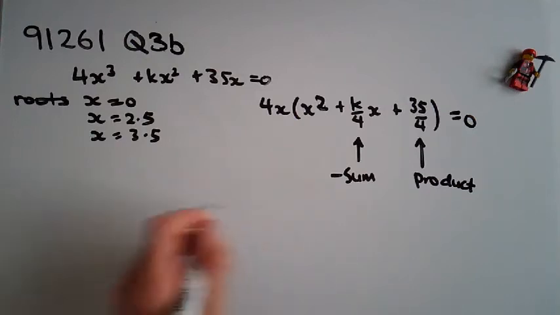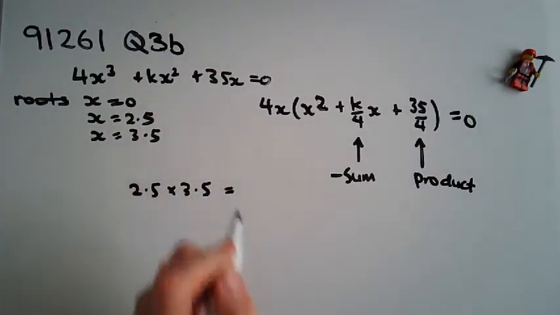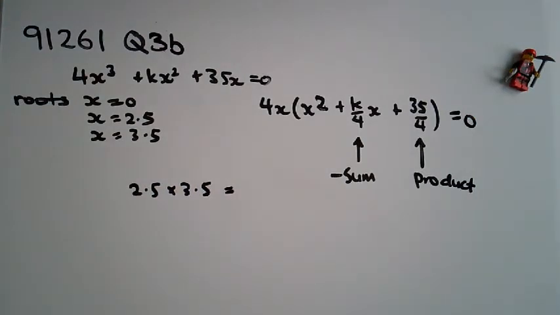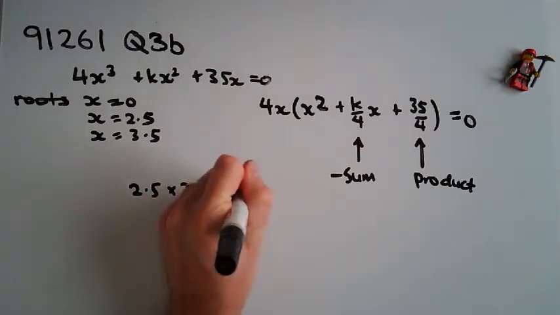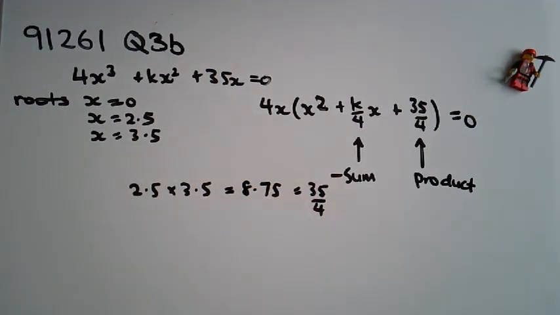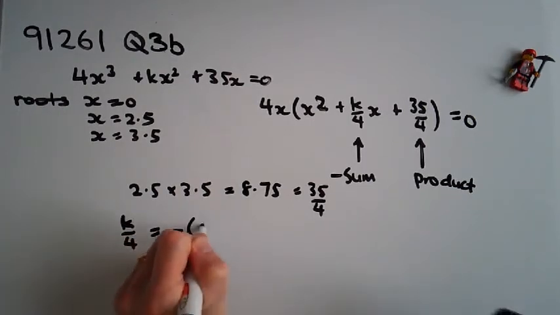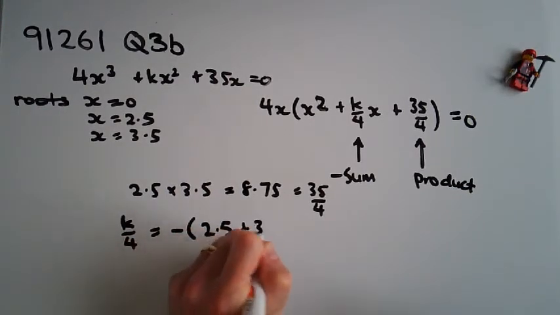Let's check. 2.5 times 3.5 comes out to be 8.75, and that's 35 over 4. So k over 4 is equal to minus 2.5 plus 3.5.